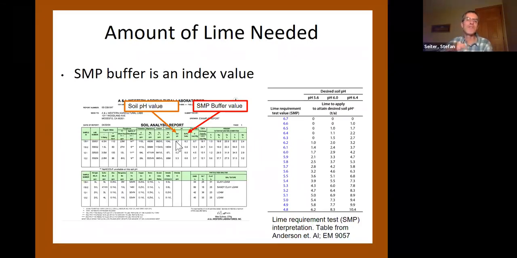It will give you a rough sense, because if you have an extremely low pH like this one, 4.7, you basically know you can't grow anything on here. But it doesn't tell you how much lime you need to get to a particular pH range. You can only guess, and I'll get into that right now. So if nobody else has a question, I'm going to continue, and it will make more sense then.